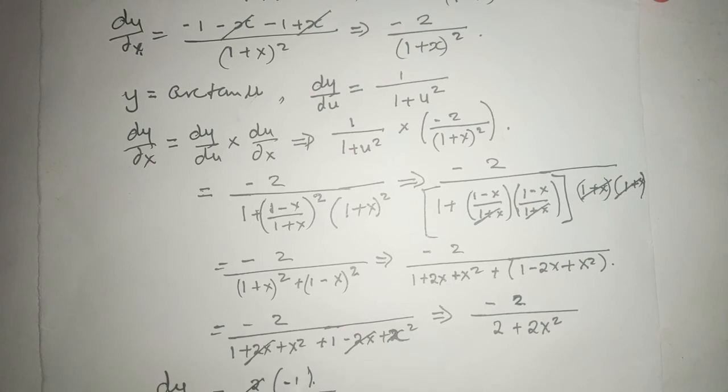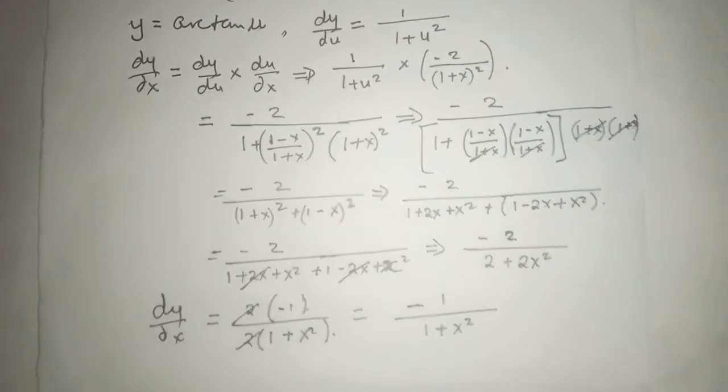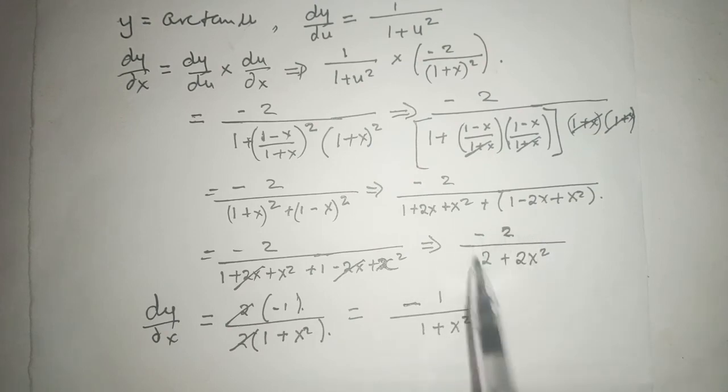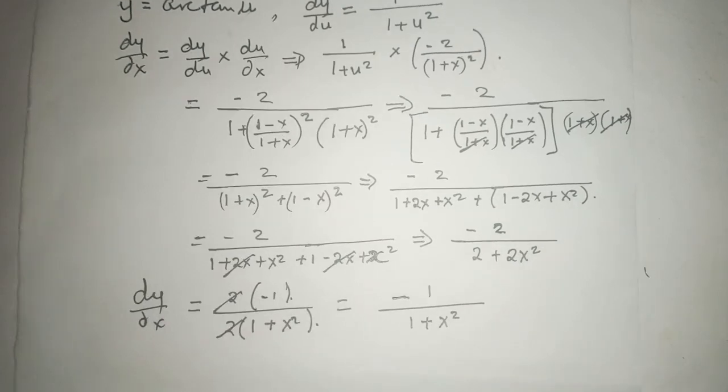So at that point, that 2 and that 2 will cancel out and we are left with minus 1 all over (1 plus x squared). That is it. And you realize that this is quite an important expression. To get to this step, we have just divided both the numerator and the denominator by 2.